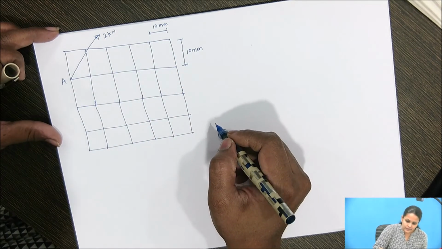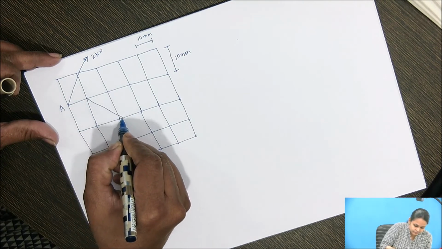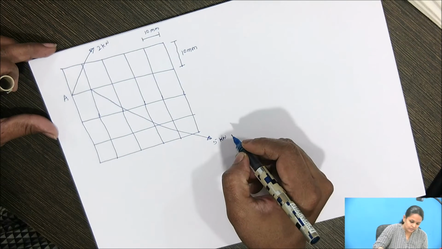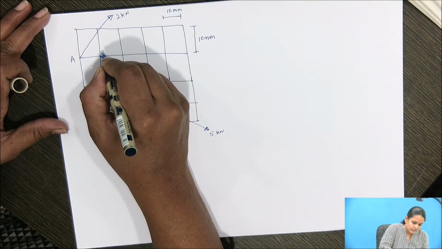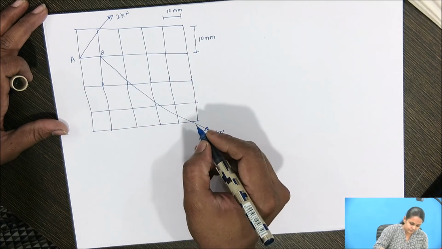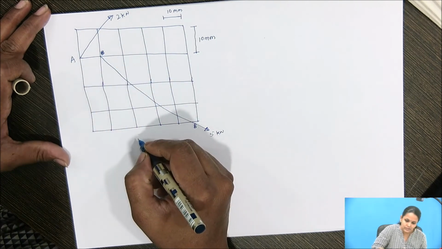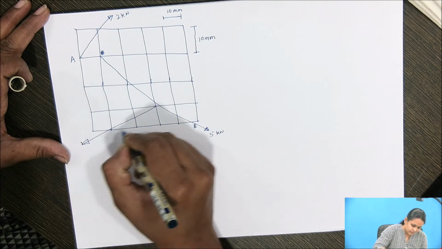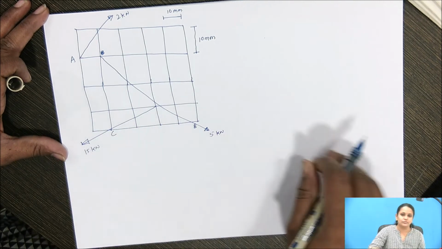And the second force is acting from this point. It is of 5 kilonewton, and this is point B. And the third force is acting at point C, which is of 15 kilonewton.